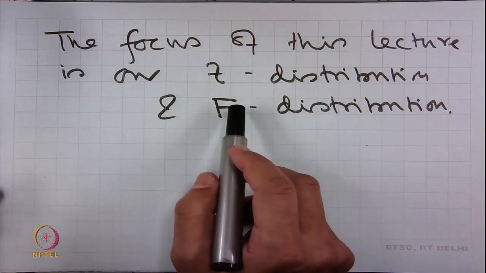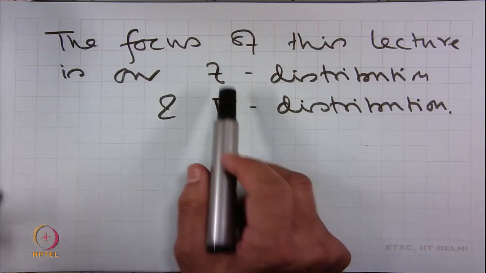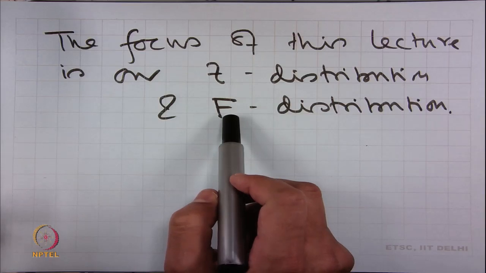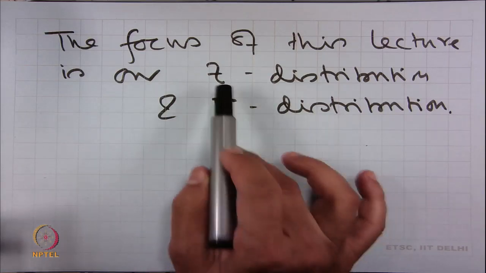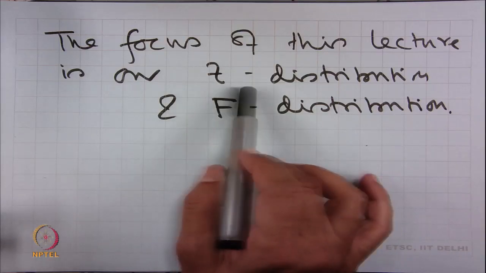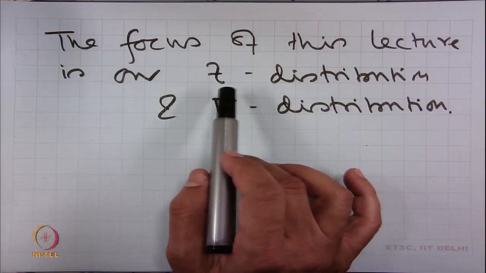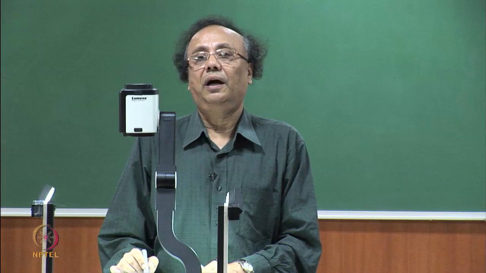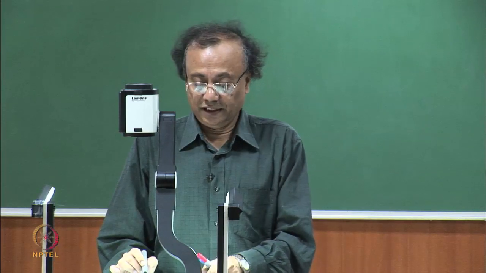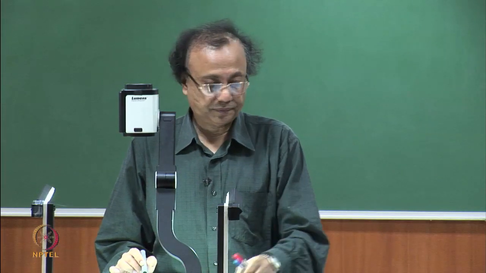These are very important for statistical inference with respect to population, and we will see how they are used in inferencing about population. But before that, in this lecture, I will just derive their PDF.